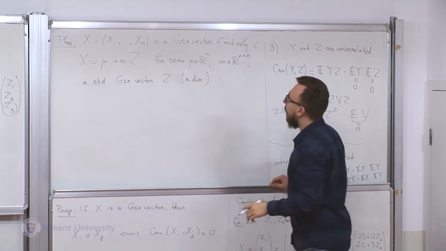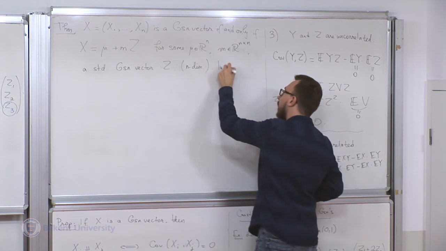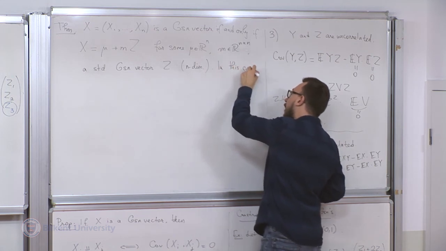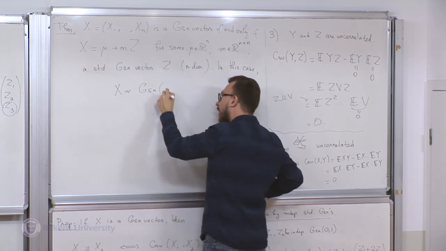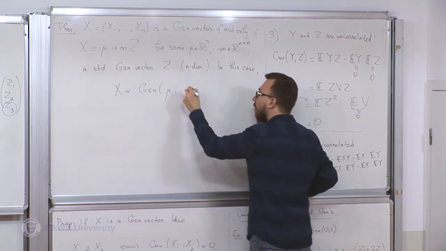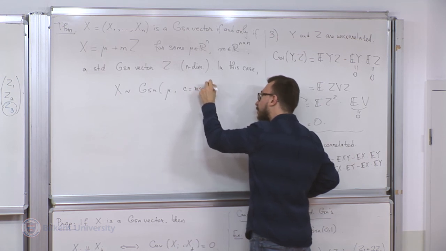Yeah, that's it. I confused myself with the covariance matrix. In this case, X is a Gaussian vector with mean vector mu and covariance matrix M M transpose.